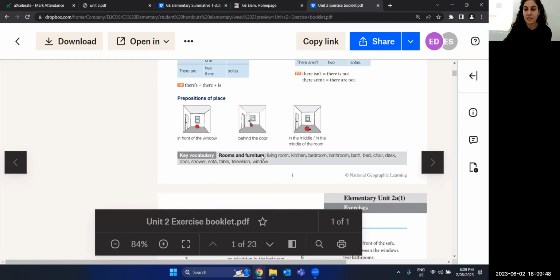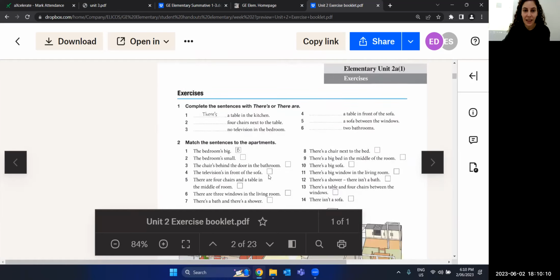We looked at rooms and furniture: living room. So you all know what a living room is, a kitchen, a bedroom, a bathroom, bath, bed, chair, desk, door, shower, sofa, table, television, window.